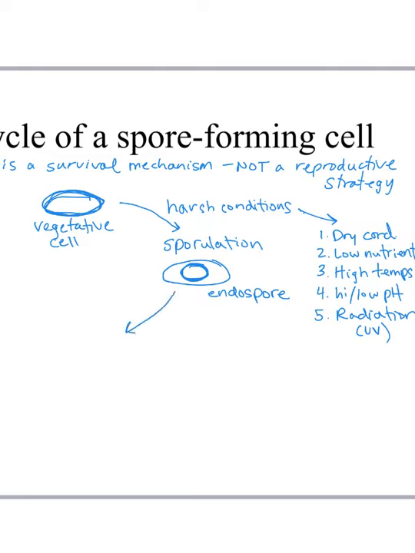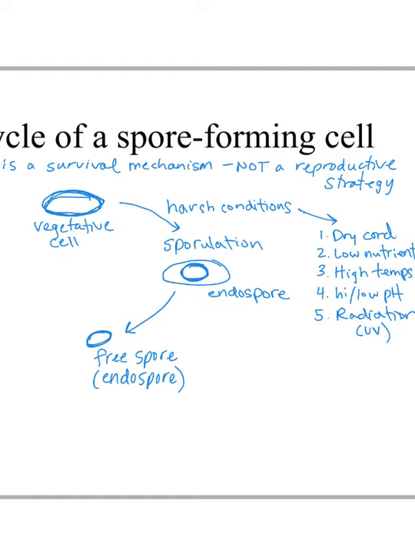Eventually, that vegetative cell will fall off, and you will be left with a free spore. Now, we're moving more and more towards calling this an endospore as well, just to differentiate a fungal spore and a bacterial spore.